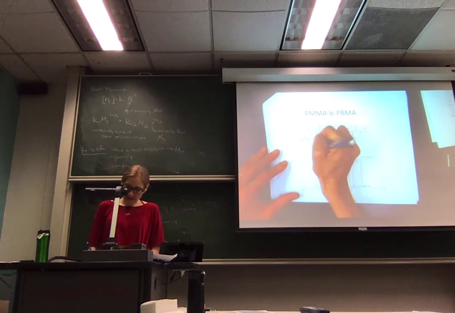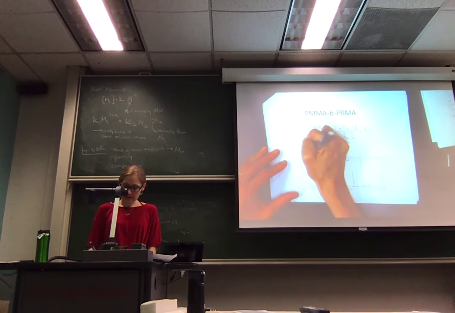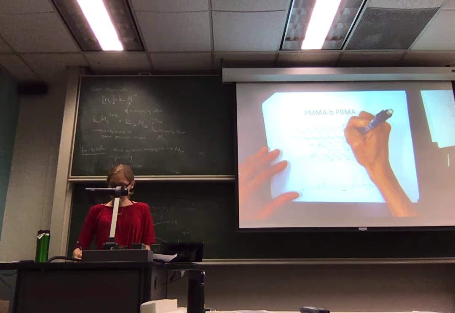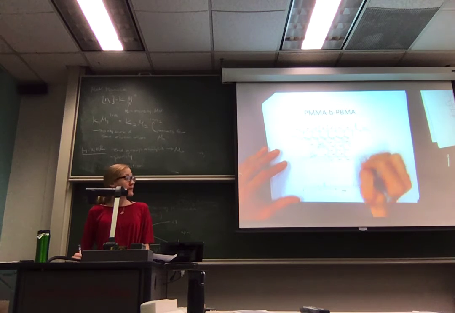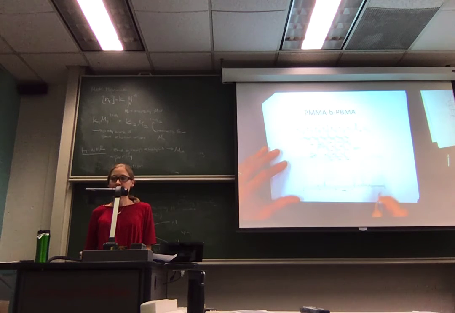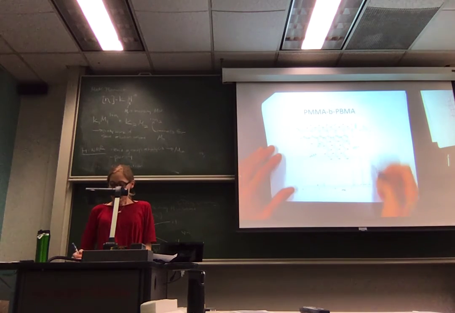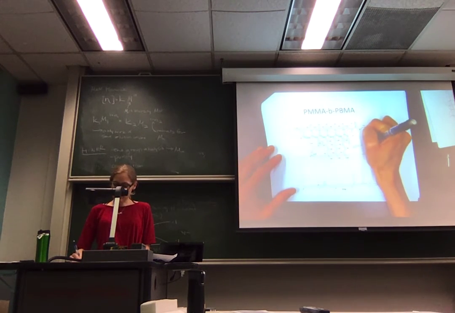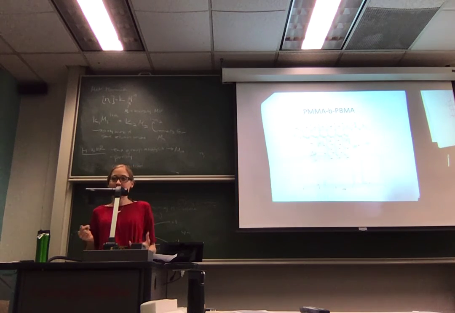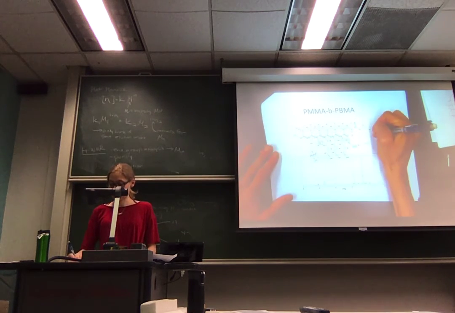So this is at 3.6, we have PMMA, and at 4.06, we have PBMA, which should be 2 H's, and this one is 3 H's, and we can compare the integrations to tell us about the composition of the block and the random copolymer.